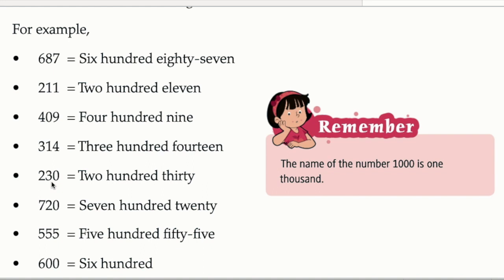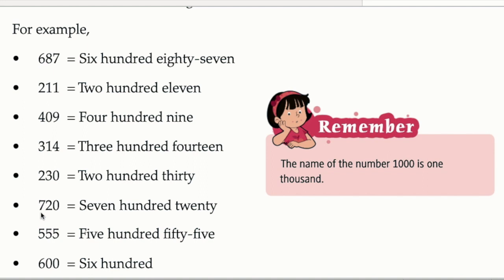Next we have 230. The number in hundreds place is 2, so we are writing TWO. Then we are writing the place value of 2, HUNDRED. After 200 we have the two-digit number 30, THIRTY.